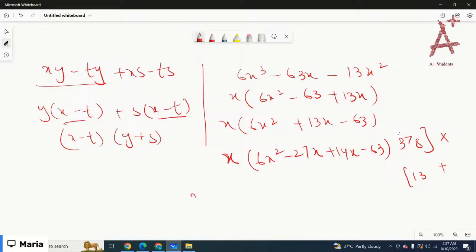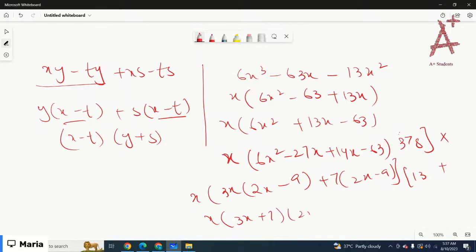Yes. You can take 3x common here and you are left with 2x minus 9 (3 times 9 is 27), plus 7 common, you are left with 2x minus 9. So the factors are x, 3x plus 7 and 2x minus 9, right?